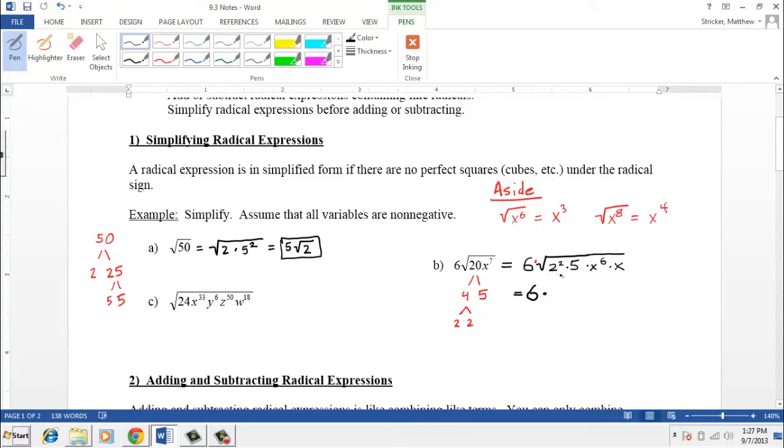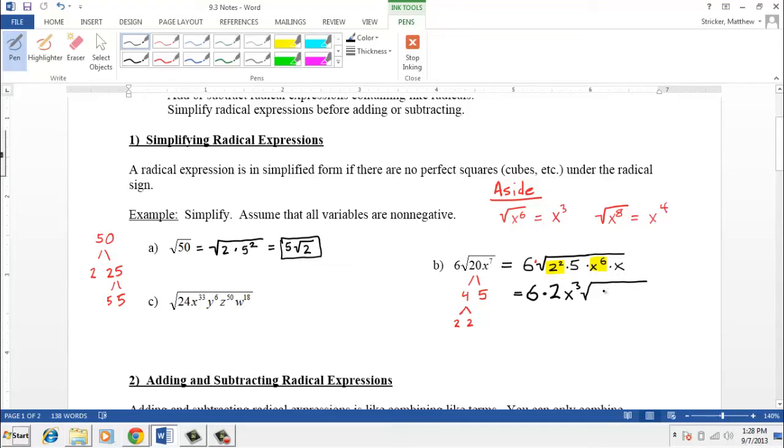I can take the square root of the 2 squared. The square root of 2 squared is 2. I can't take the square root of 5, but I can take the square root of x to the 6th. We know that that would be x to the 3rd. The stuff that's not highlighted there are not perfect squares.